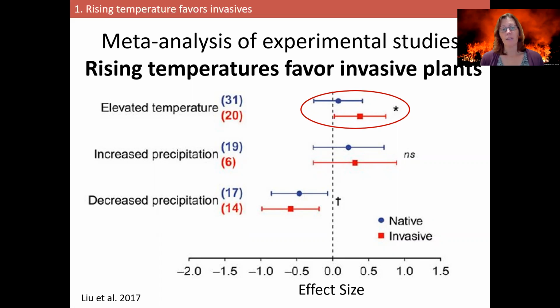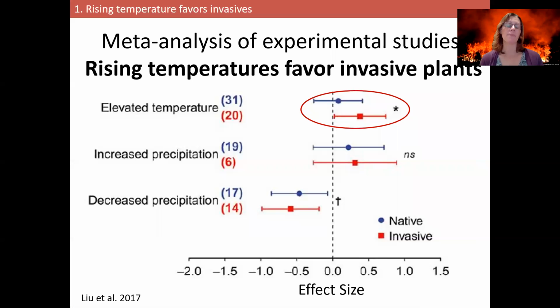So the red is the invasive. You can see a positive effect size, and the edge of your error bar does not cross the 0. So on average, for 20 different studies that they were able to put into this meta-analysis, as you increase temperatures, that favored invasive plants. So invasive plants had a positive effect.